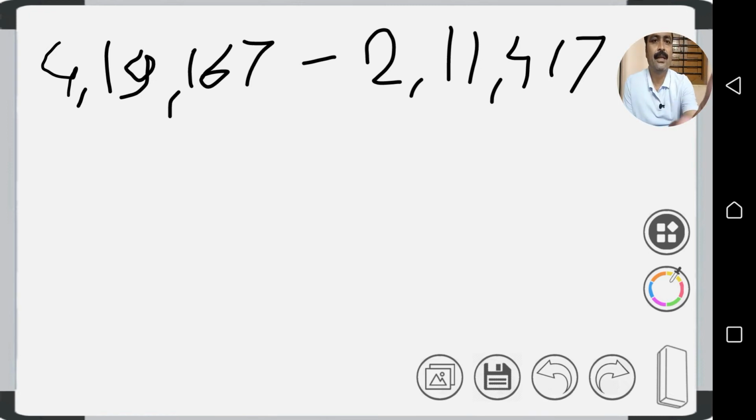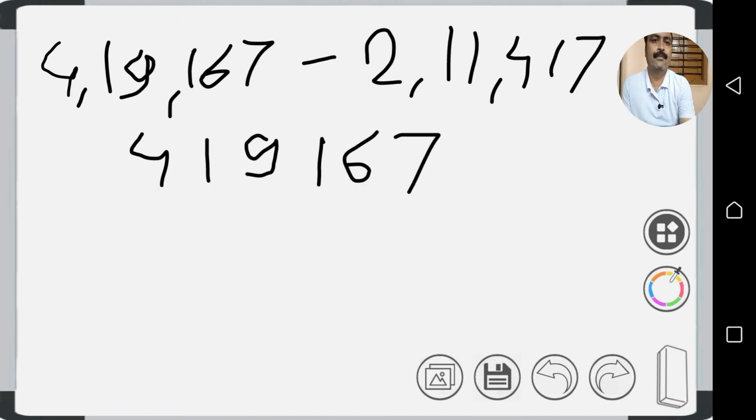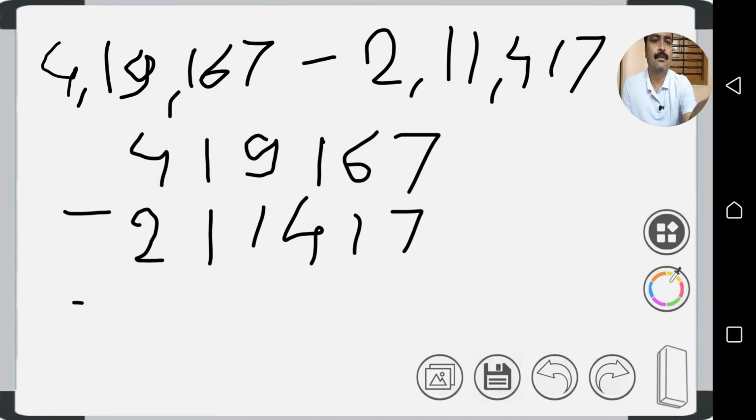Now into this example, first we want to arrange these two numbers in their proper vertical arrangement. So first number here I am putting down in this way, 4,19,167, take minus sign there. After that here second number I want to arrange direct way. So 2,11,417.